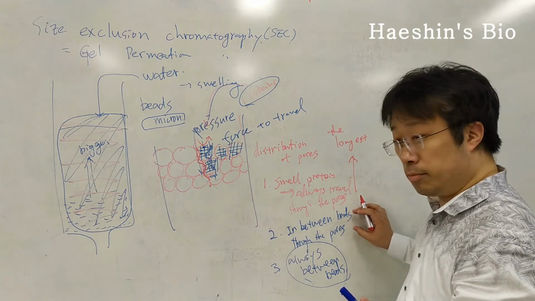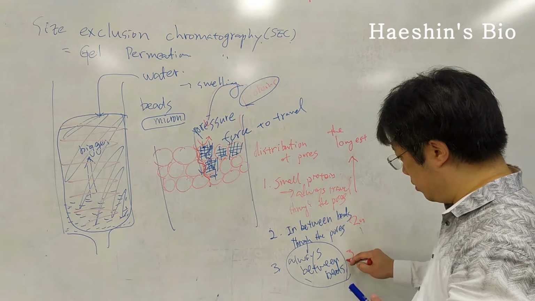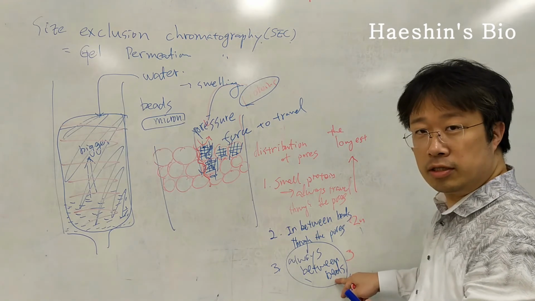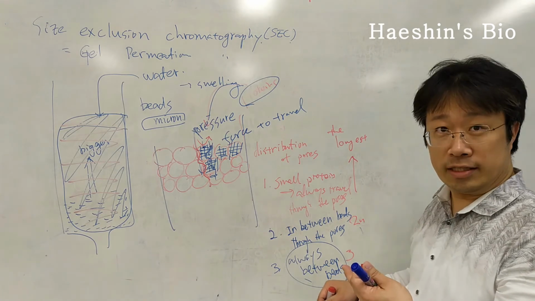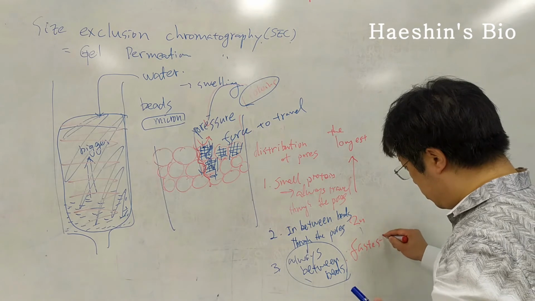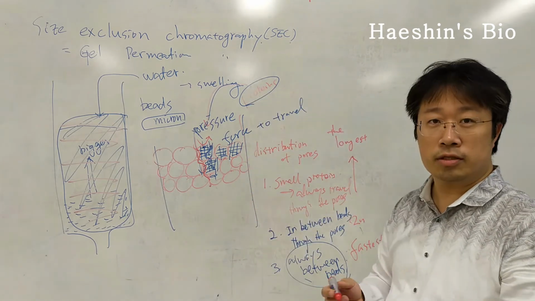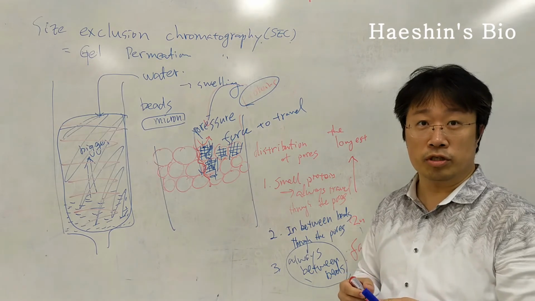The one in the middle is the second. The one that always travels between the beads has the fastest travel time.